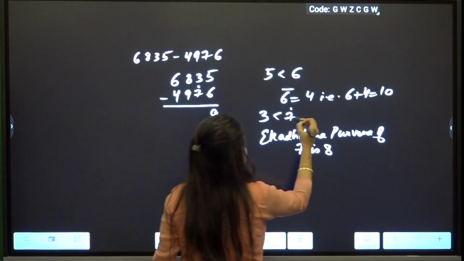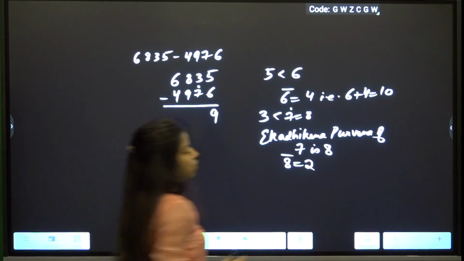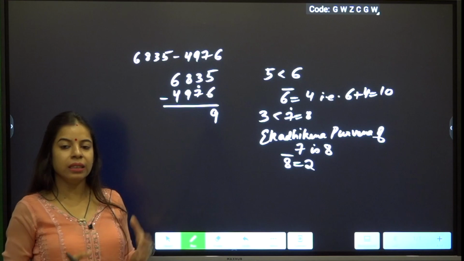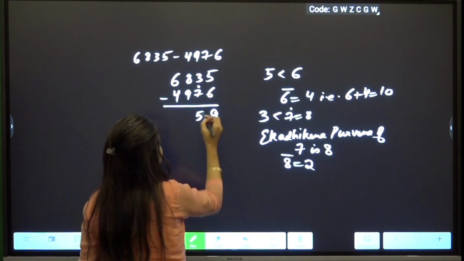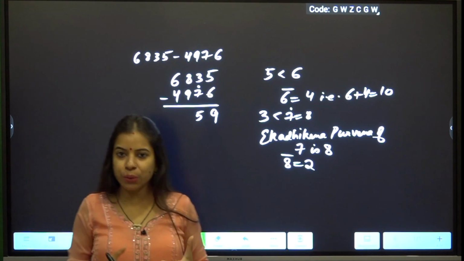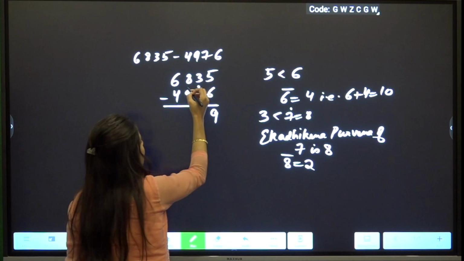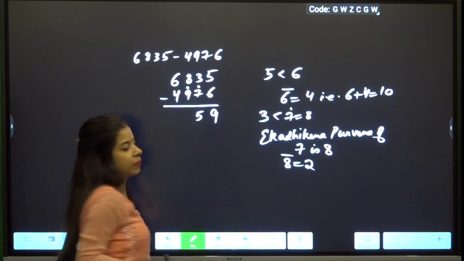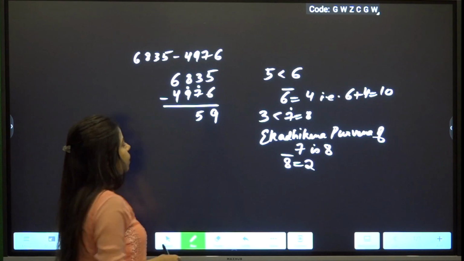Okay, and the best friend of 8 is 2. So we add 2 to 3. So this will become 5. And again, since we have used the best friend technique, we put a dot over here. Okay, we have borrowed a number from the left.